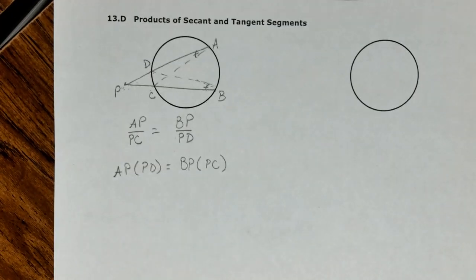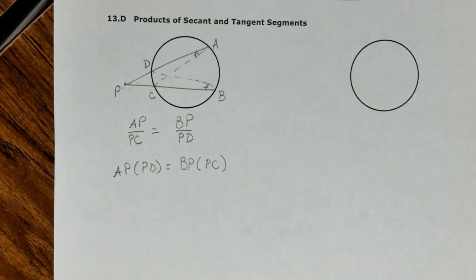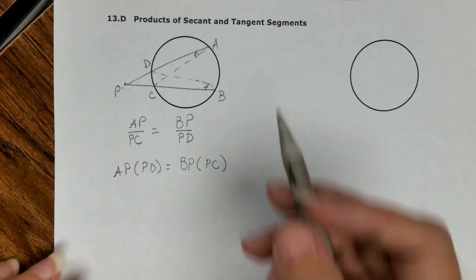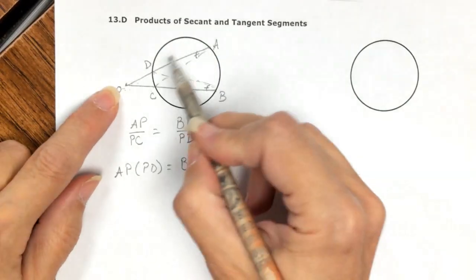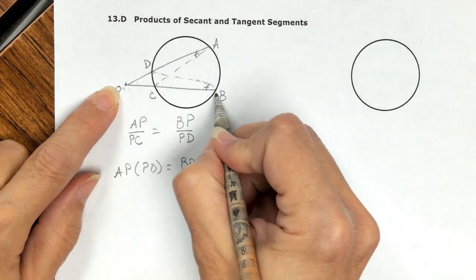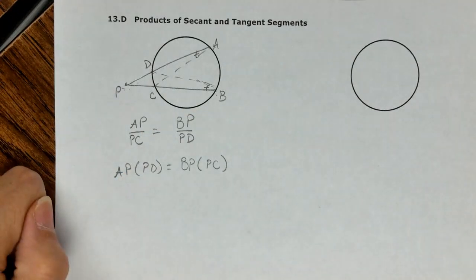So we have a relationship of these segments. The way I tend to remember this is, it's the whole thing times the outside equals the whole thing times the outside.